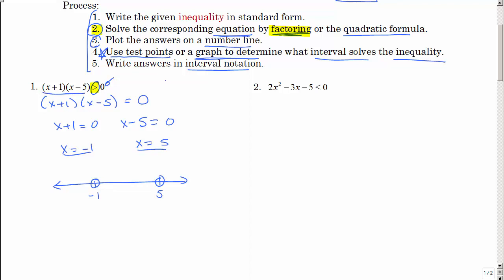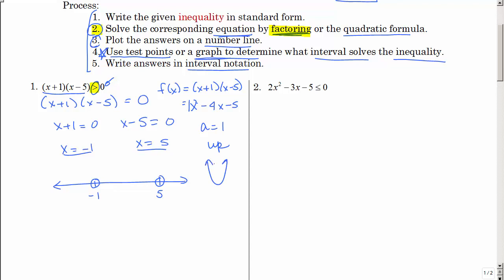Well, go back to your parabola where you have f of x is equal to this. And if I were to FOIL that out, that would be a parabola. Let's just go ahead and do that. That would be x squared minus 4x minus 5. And would we all agree that a is 1? If a is 1, that means the parabola goes up.